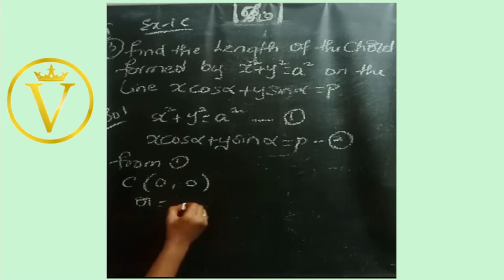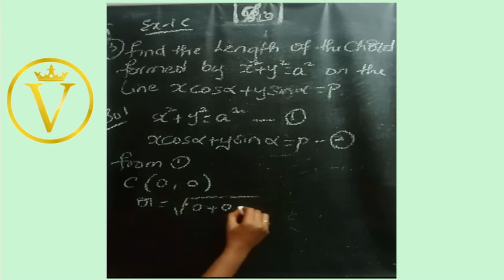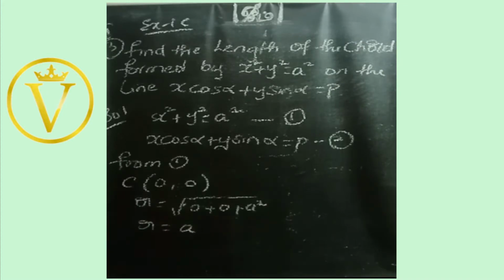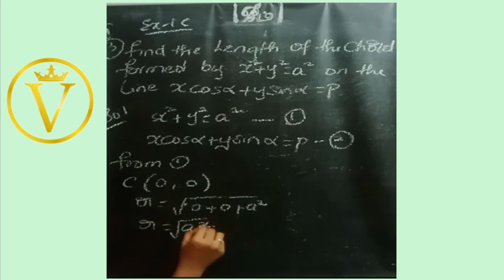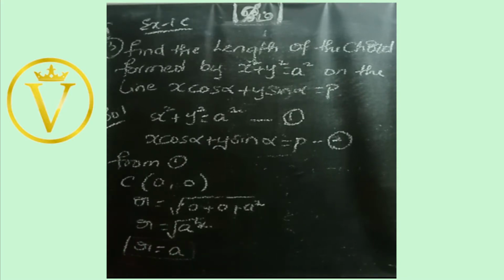And r will be, see here, root of 0 plus 0 minus, that means plus a square, so r equals root a square. The square and square root get cancelled, and r equals a.